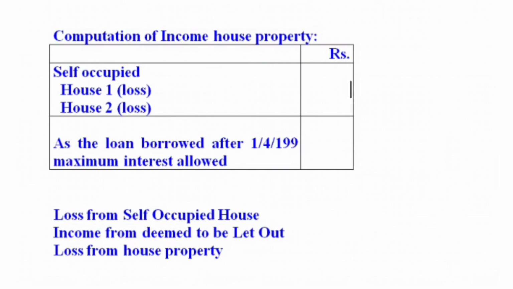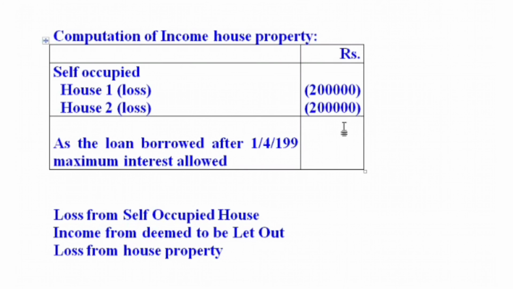As per the Act, the maximum interest allowed for self-occupied is 2 lakhs, so even though they paid 2,50,000 and 2,20,000, the maximum allowed is 2 lakhs each. So total loss of both the houses is 4 lakhs.